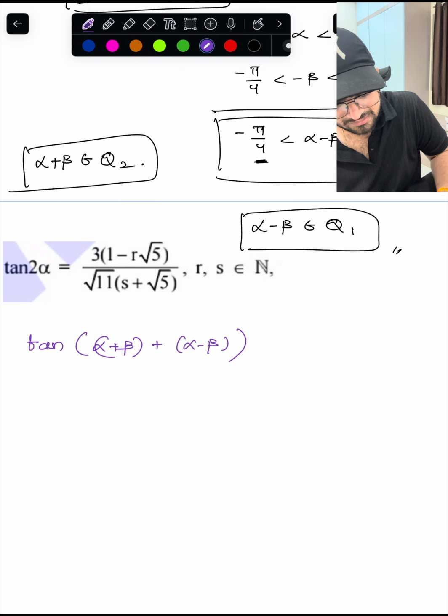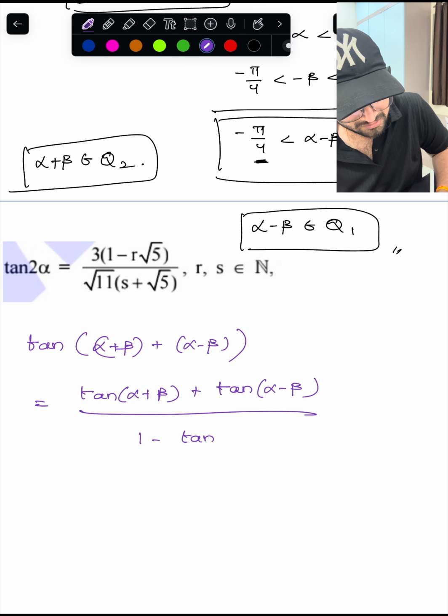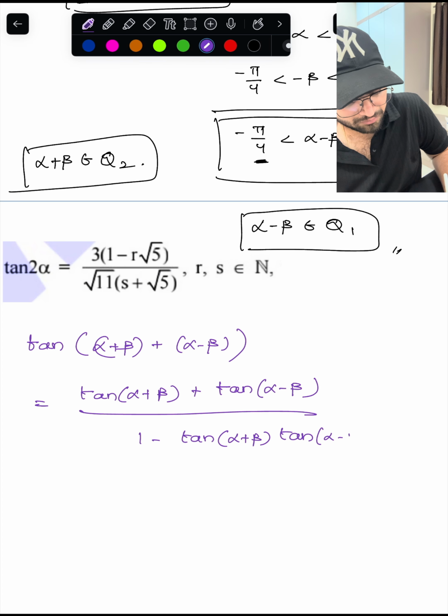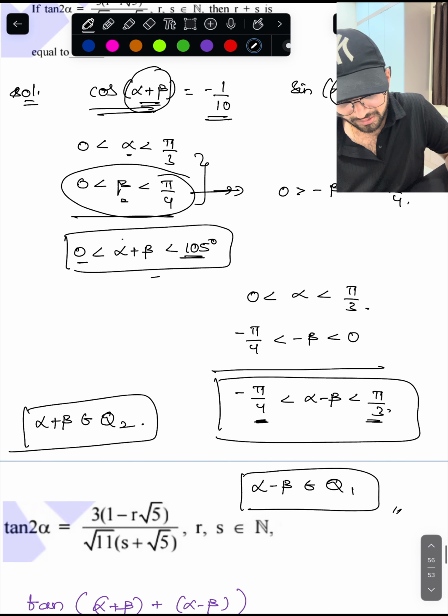Can I write like this, right? So it is tan of a plus b form. So I can write tan of alpha plus beta plus tan of alpha minus beta whole by 1 minus tan of alpha plus beta into tan of alpha minus beta.